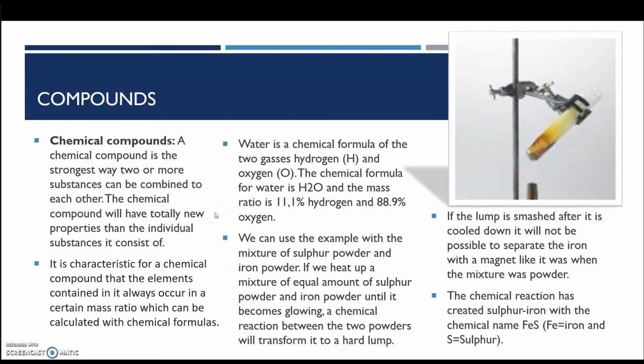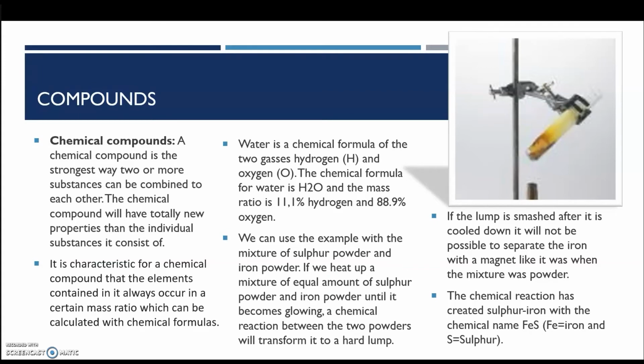A chemical compound is the strongest way two or more substances can be combined with each other. The chemical compound will have totally new properties compared to the individual substances it consists of. It is characteristic for a chemical compound that the elements contained in it always occur in a certain mass ratio, which can be calculated with chemical formulas.